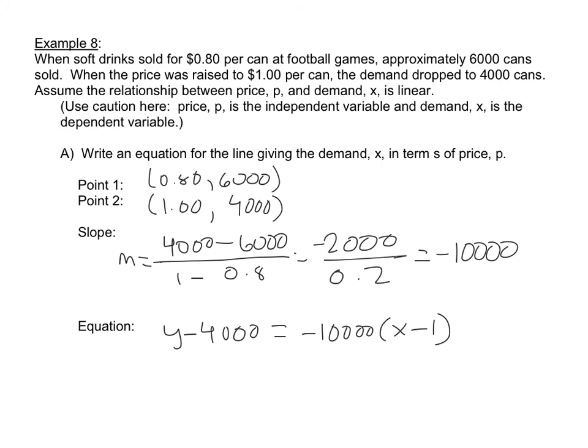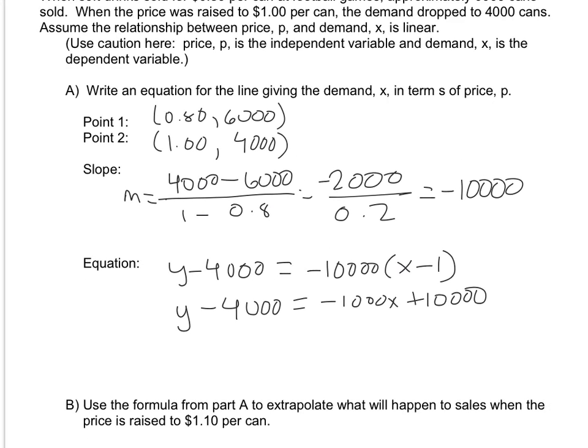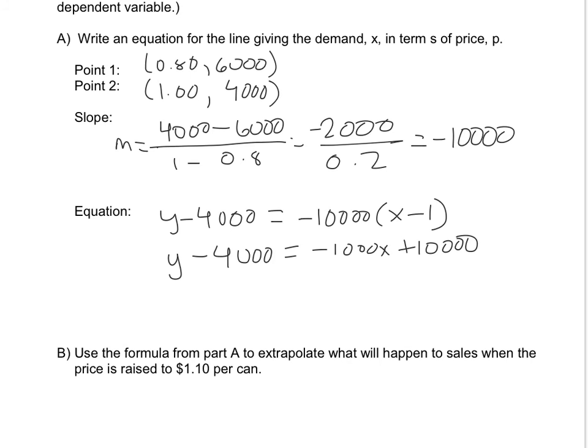So you get y minus 4,000 equals negative 10,000x plus 10,000. Okay. Add the 4,000. Our equation is y equals negative 10,000x plus 14,000.